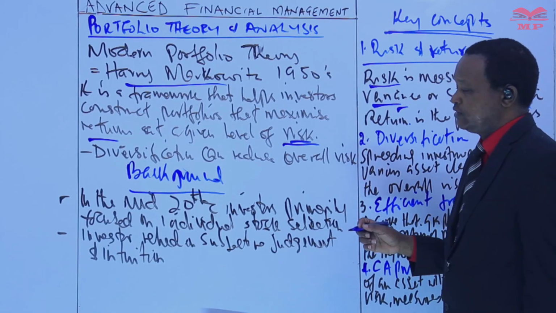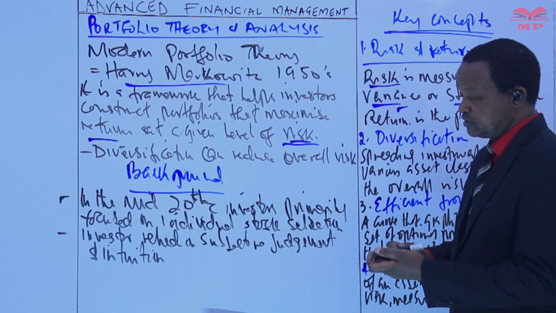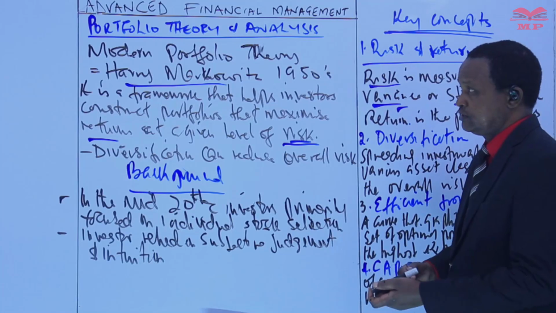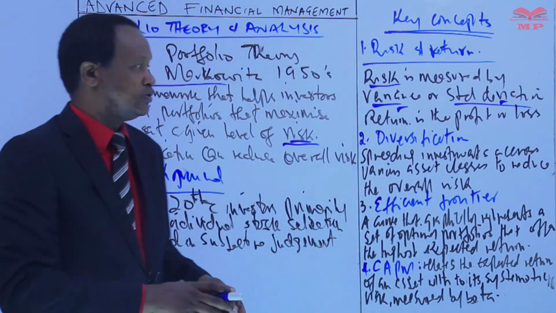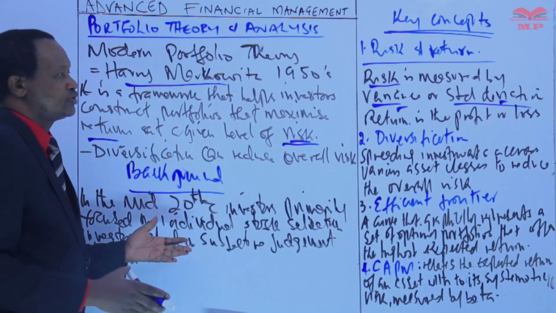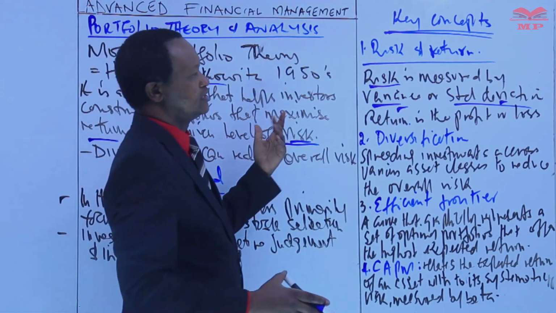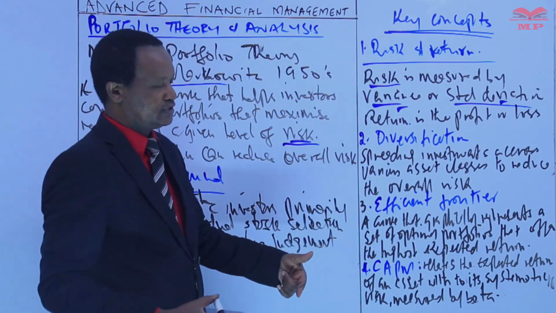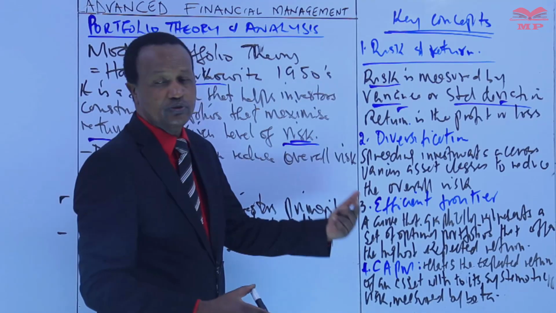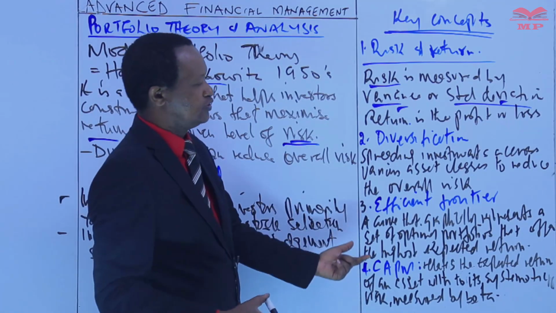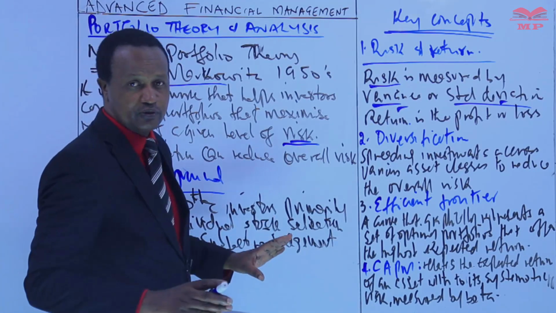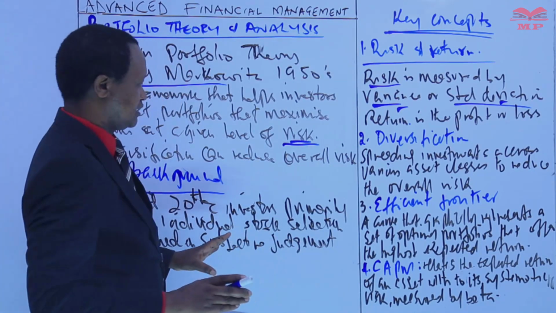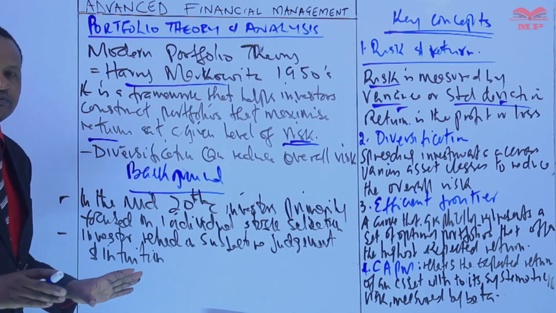In your financial management at intermediate level, you had a topic known as Introduction to Portfolio Theory, where you were introduced to some of these basic calculations on the variance, standard deviation, covariance, correlation coefficient, portfolio return, and so on. So we're going to build from what we learned in intermediate level.